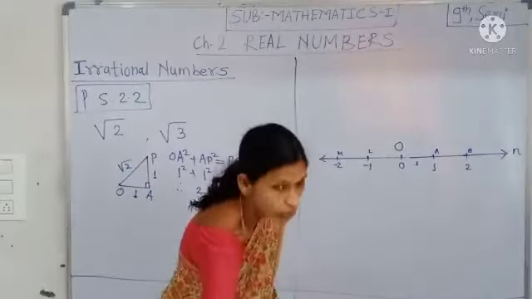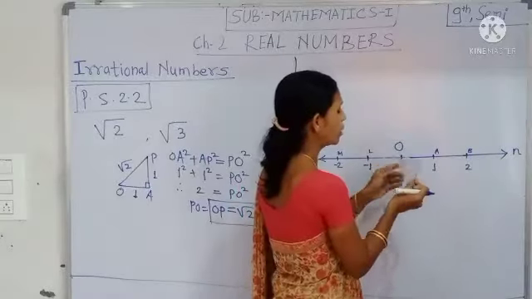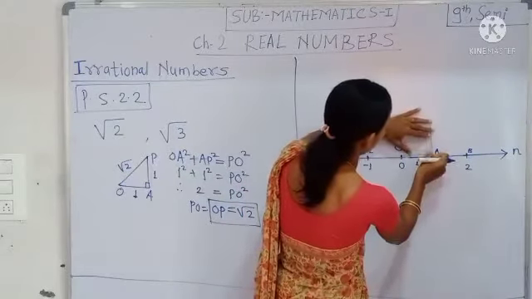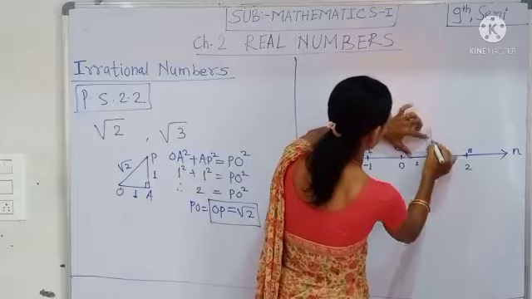Then we have to draw a perpendicular line at point A using a set square.